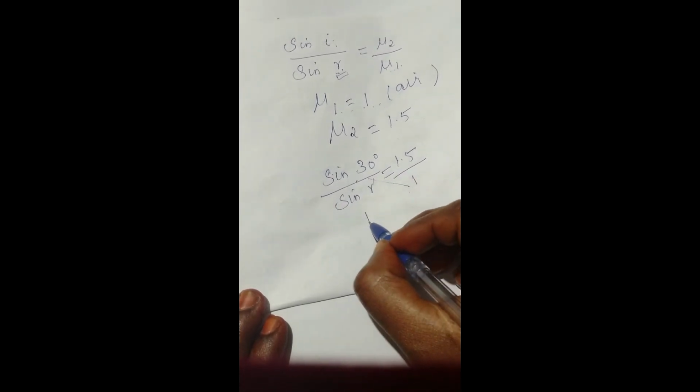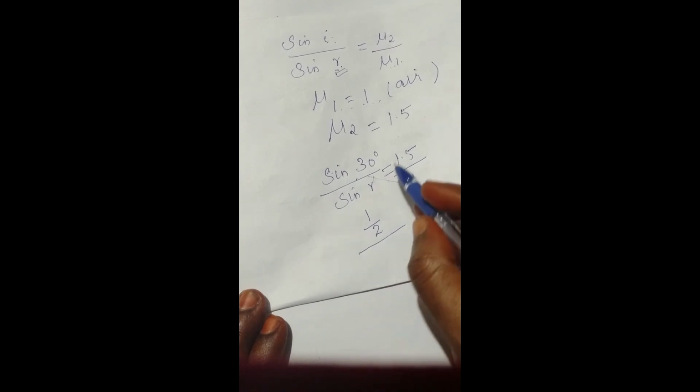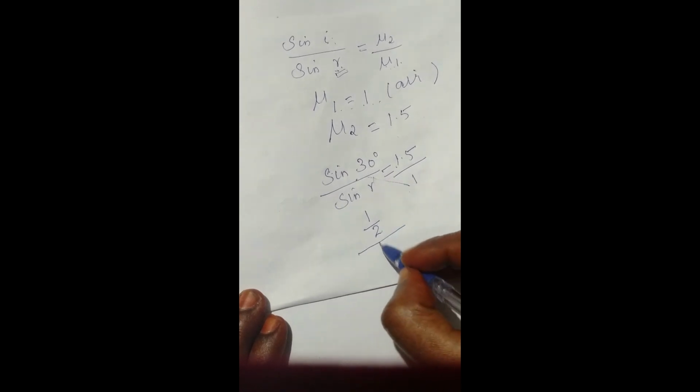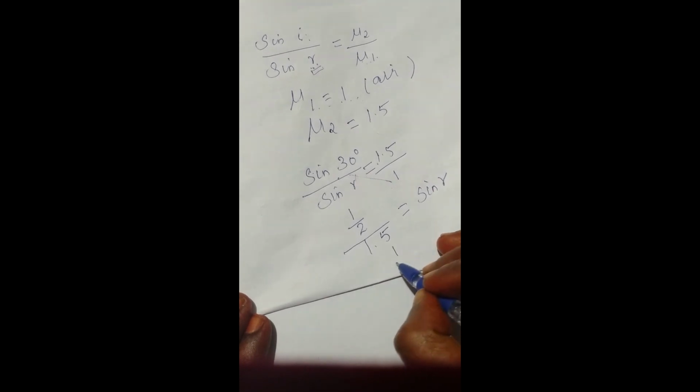So sin 30 degree value, you all know that is 1 by 2, the whole divided by this 1.5. Just take it in the denominator: 1.5 is equal to sin R. Okay, now next step, 1 by 2 into 1.5 equal to sin R.